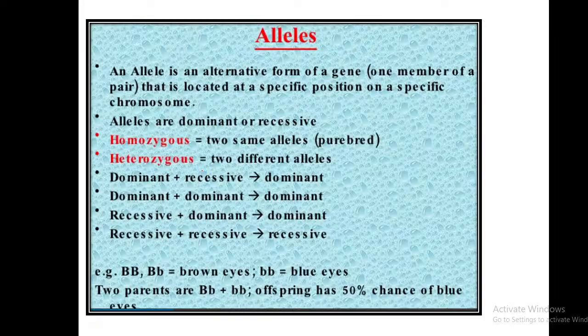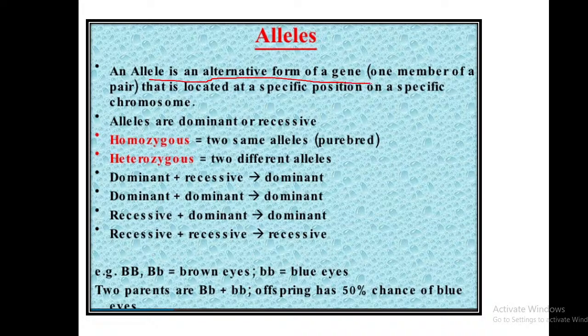Now, next is genetic disorders in man. Before going into the genetic disorders of man, let me tell a few details. That is allele. We have discussed this many times, and you can recall what I have taught in the mutation section also. So, allele is an alternative form of a gene.